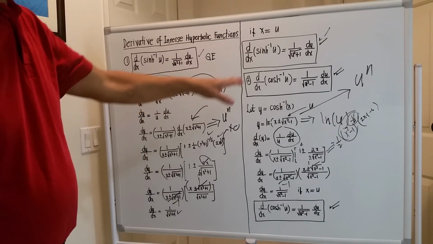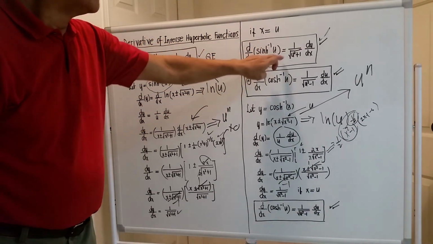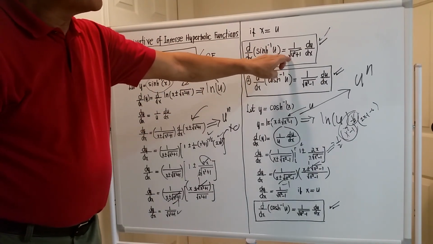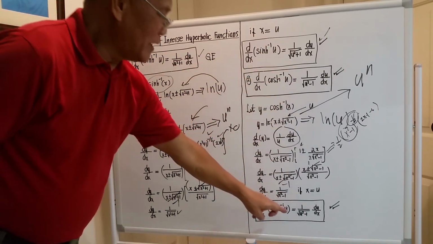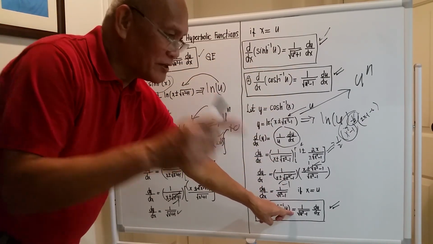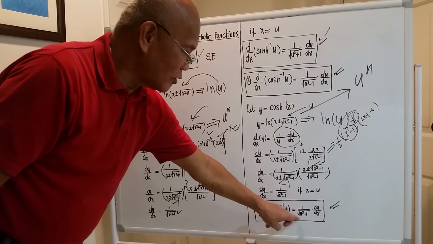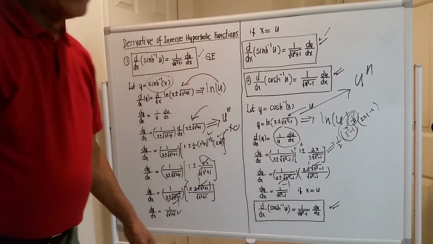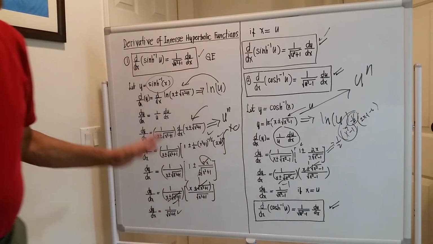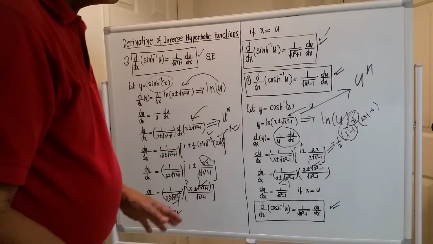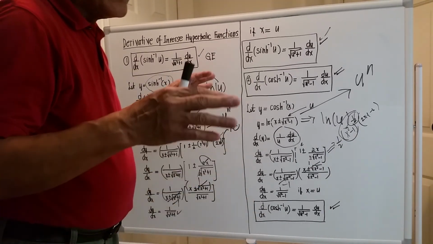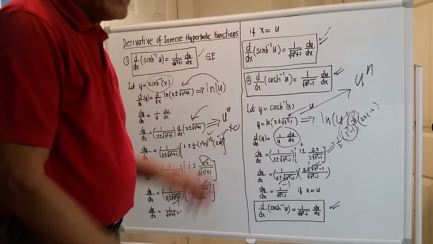Oh, it's different from formula number 1. Because formula number 1 is the square root of u squared plus 1. And formula number 2, under inverse hyperbolic cosine, is the square root of u squared minus 1. Those are the first two inverse hyperbolic derivative equations.